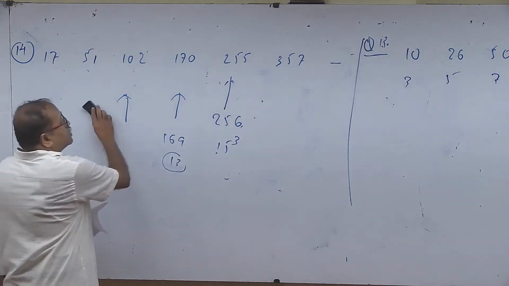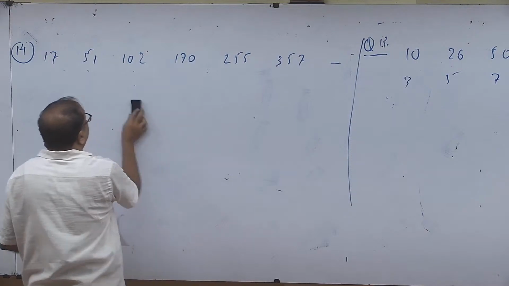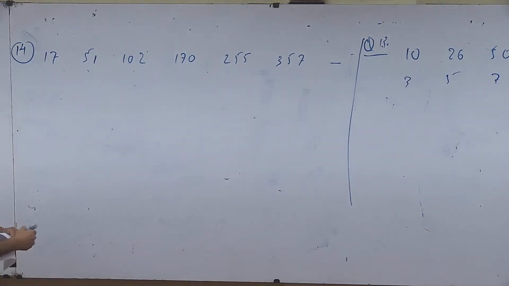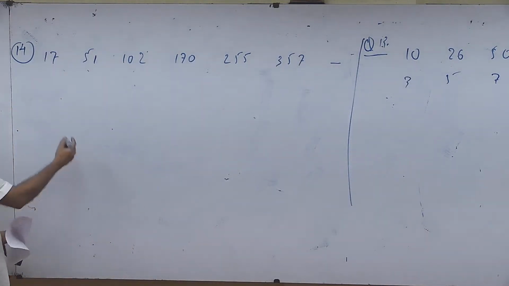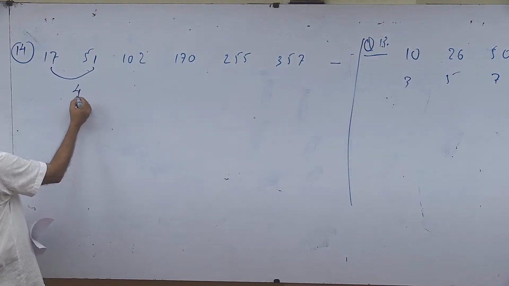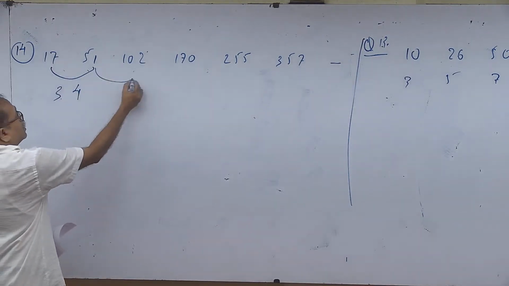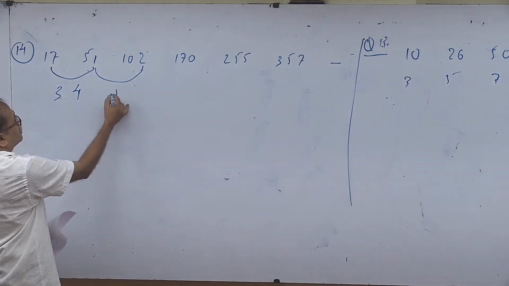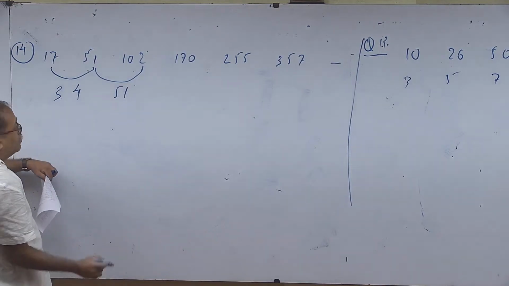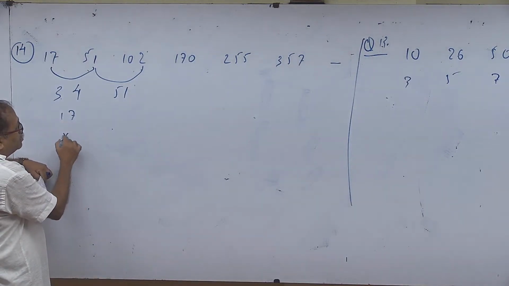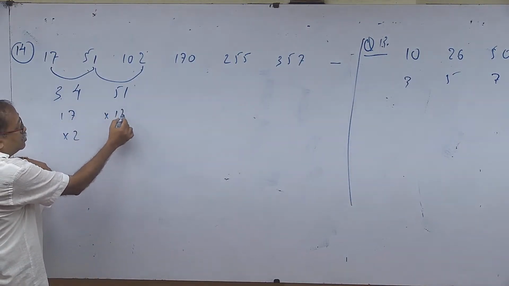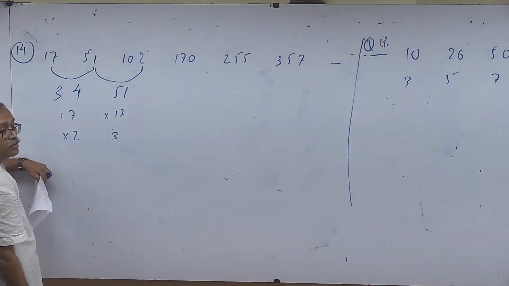So let's check the difference then. The difference from here to here, that is 7 plus 4 is 11, carry 1, 2 and 34, and from here to here it's nothing but exactly 51. What did you notice here? 17 into 2 and 17 into 3, 51.